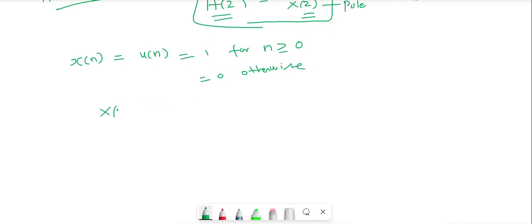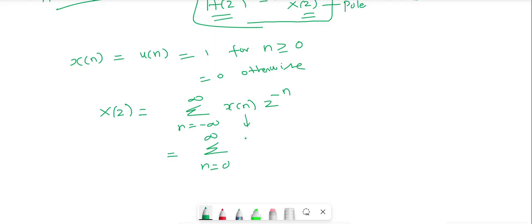So X of z is equal to the summation of n equal to minus infinity to plus infinity of x of n into z power minus n. This becomes the summation of n equal to 0 to infinity, where x of n is 1, of z power minus n.